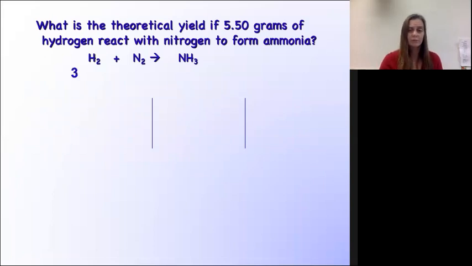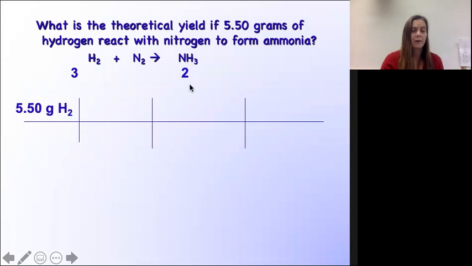Please ignore the fact that that's not where it's supposed to be. We need a 3 in front of hydrogen, and we need a 2 in front of our ammonia. And that's going to balance our chemical equation. Our given is 5.50 grams of hydrogen, and our unknown is going to be ammonia because we only have one product.